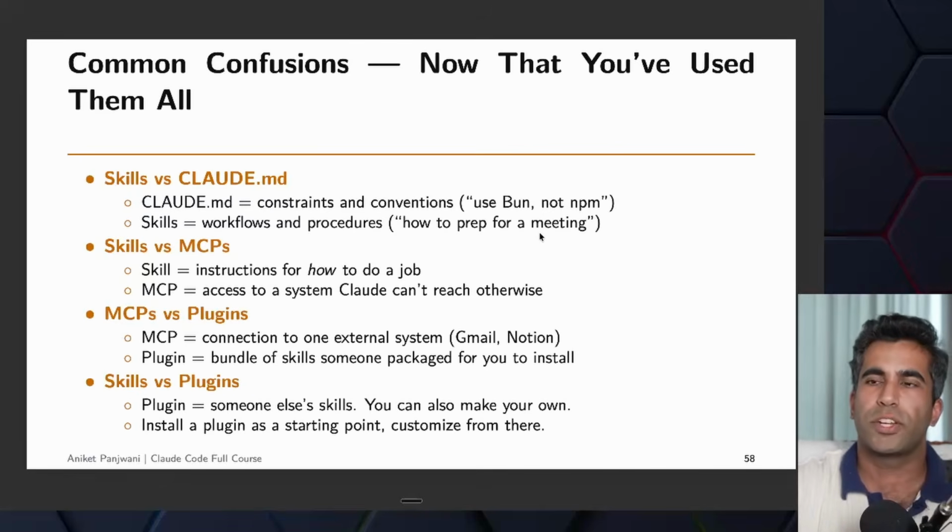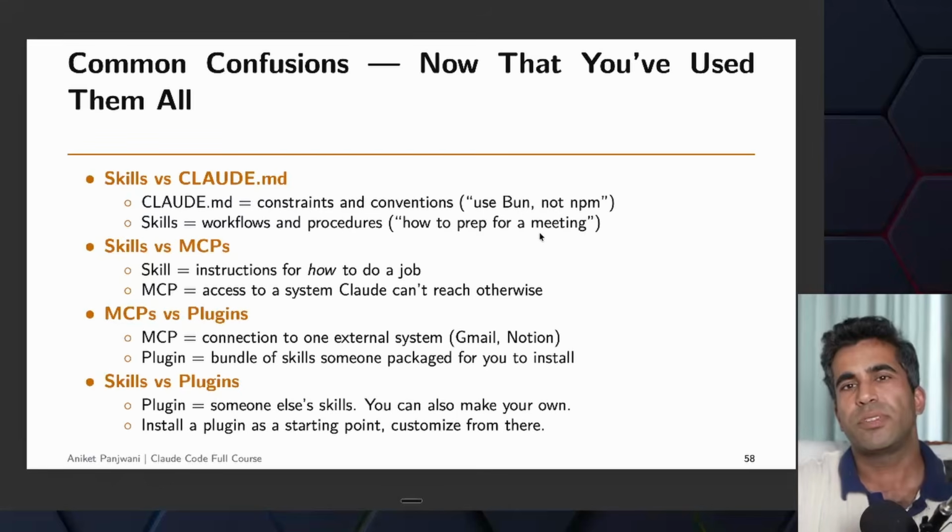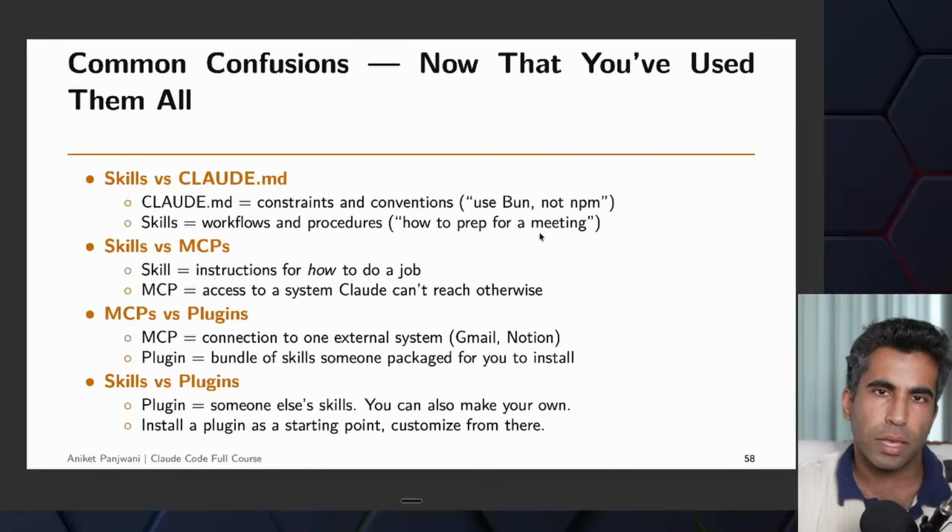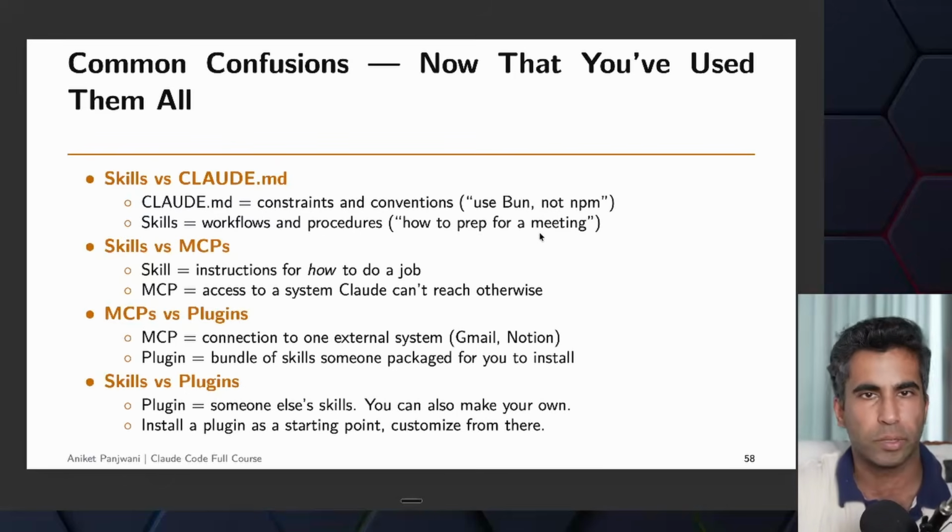And finally, a question that may arise is between using some built-out plugin or making your own skills. If you're using something like this compound engineering plugin, which I just introduced, then you're working within this organization's ecosystem of how it's thinking about the best way to build applications to work with agentic coding tools.